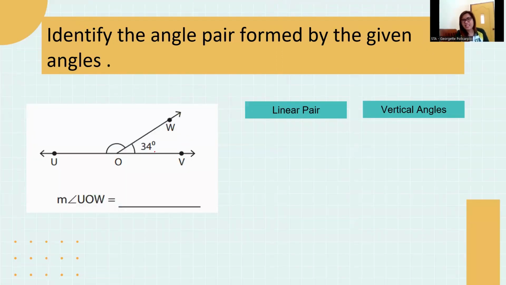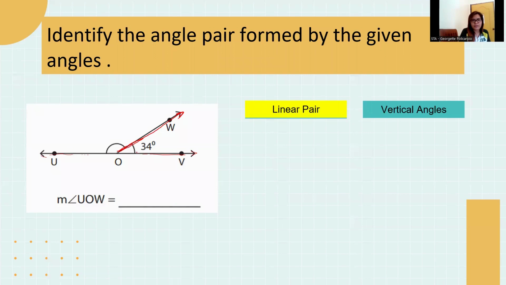Okay? Next. Identify the angle pair formed by the given angles. Dito medyo obvious pa yan eh. Okay, so if you answered linear pair, you're correct. So hindi siya vertical. Bakit? Kasi may same side. Ayan, pareha silang may side. At the same time, they form a line.